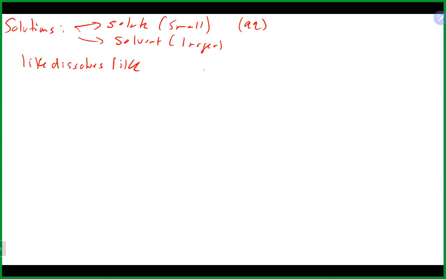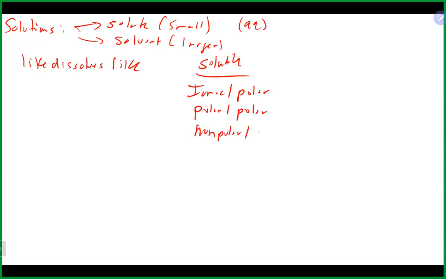And what that gave us was a few combinations that tend to be soluble, and that is our ionic things with polar, our polar guys with polar, and our nonpolar with our nonpolar.